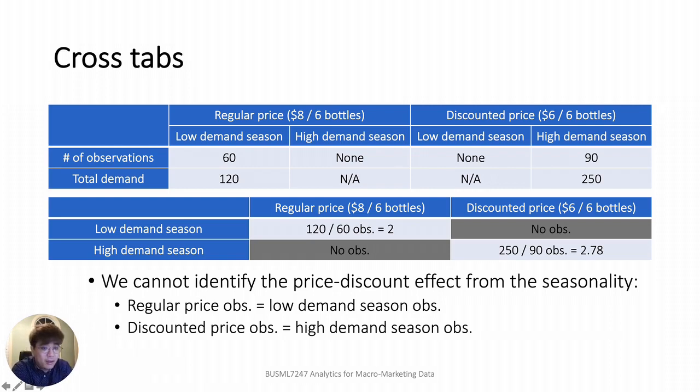But at the same time, season also changes from low to high. In other words, there are only two groups of observations, and price is not the only factor that distinguishes between the groups. That is, we cannot know where the demand increase came from.